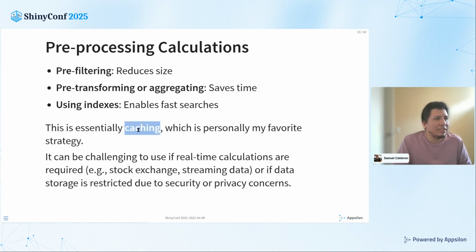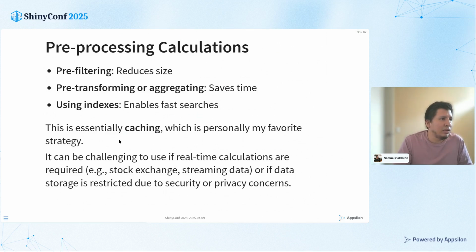And this is basically the concept of caching, which is storing pre-computed values or values you will want to use later in a faster way. All right. We will have a section about caching here, specifically caching strategies that apply to reactive values. But in general, caching is my favorite strategy for saving time.